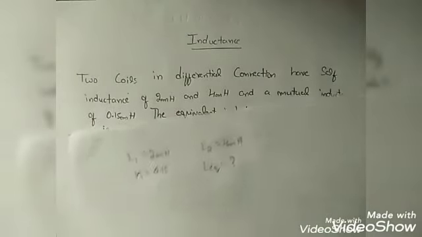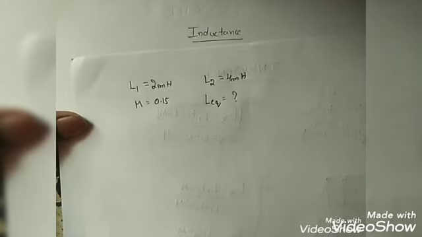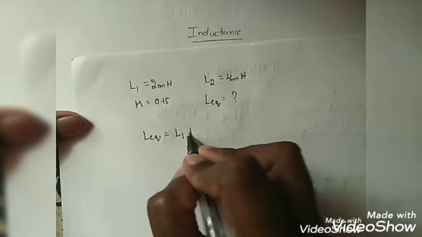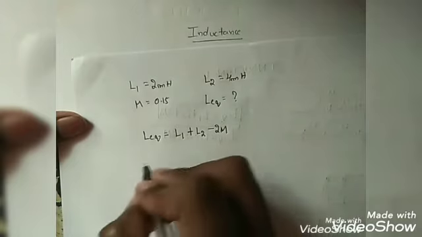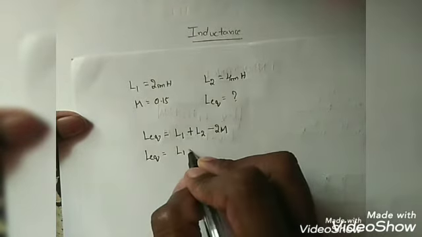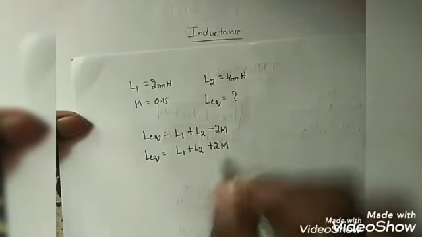We have two formulas to calculate the equivalent inductance based on dot conventions. The first formula is L equivalent equals L1 plus L2 minus 2M, and the second formula is L equivalent equals L1 plus L2 plus 2M.